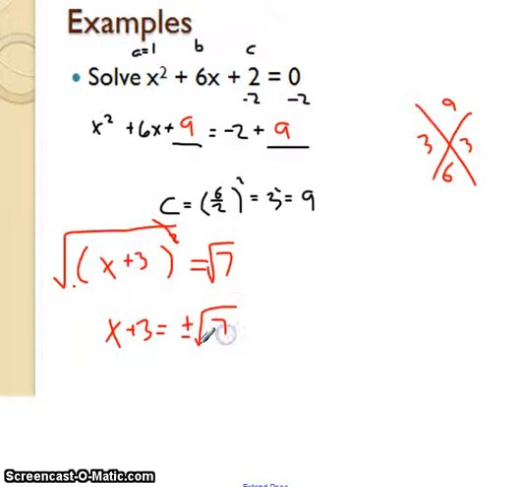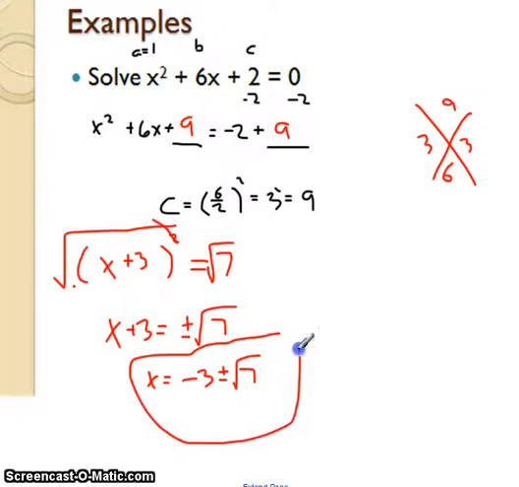And then the final step would be to subtract 3 from both sides. So moving the 3 over, it's going to be negative 3 plus or minus the square root of 7. Alright, that's my answer.